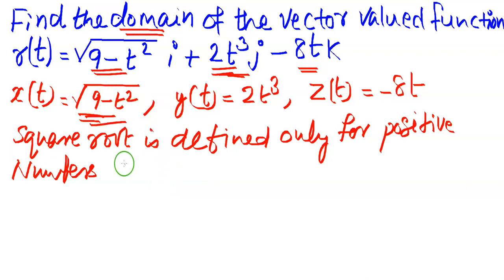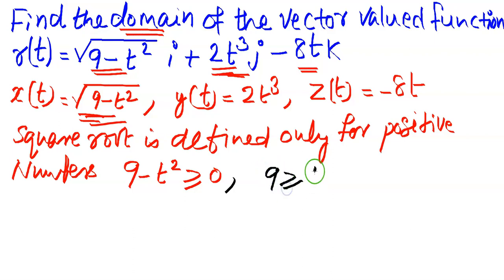Therefore, 9 minus t square greater or equal to 0. 9 greater or equal to t square എന്ന് എഴുതാം. അപ്പോൾ നമുക്ക് -3 less than or equal to t less than or equal to 3 എന്ന് കിട്ടും.